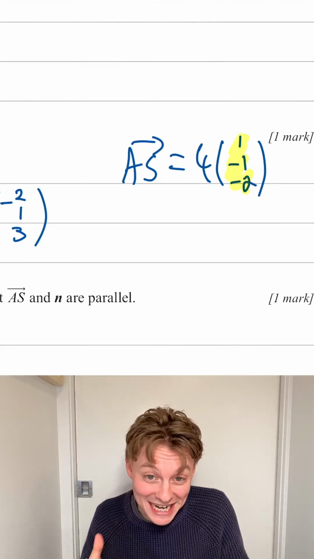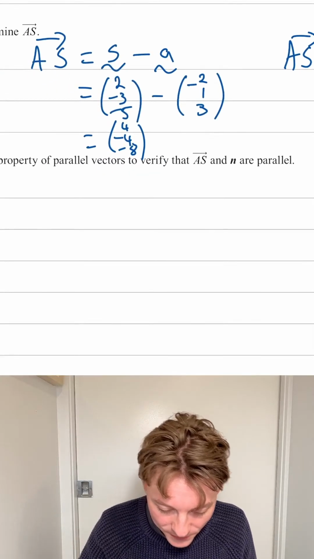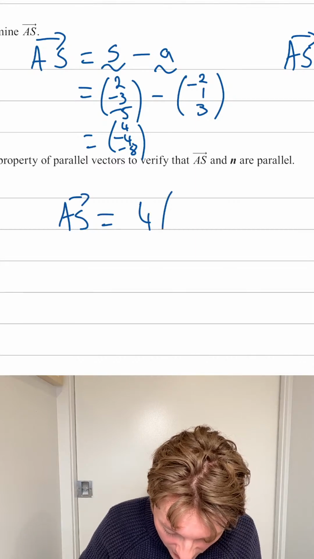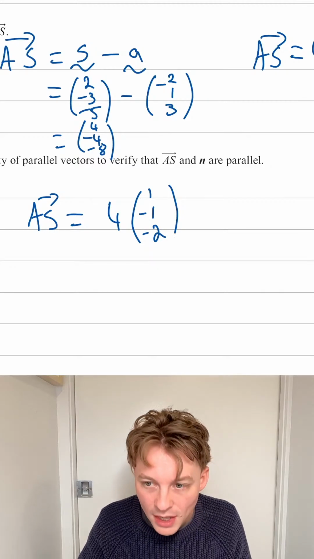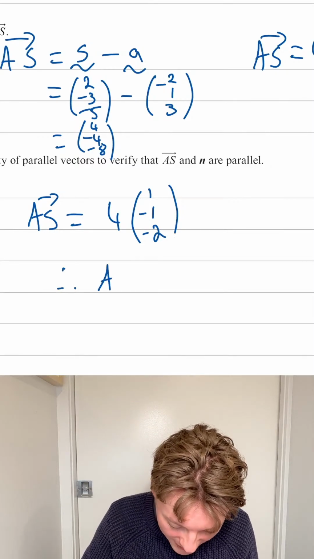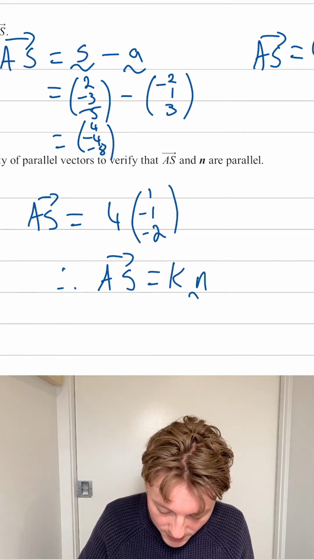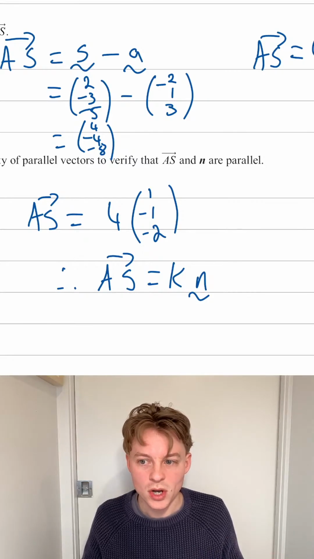So it's the same vector, scaled by a factor of 4. So vector AS is 4 times 1, minus 1, minus 2. Therefore, vector AS is equal to k multiplied by vector n, where k is our scalar quantity. In this case, it's 4 times vector n.